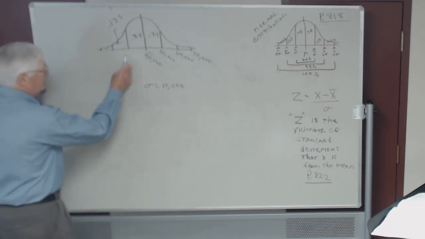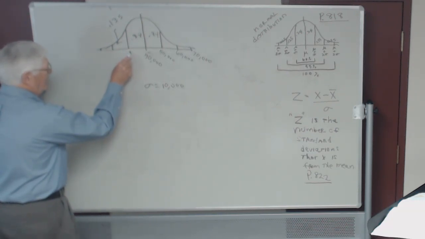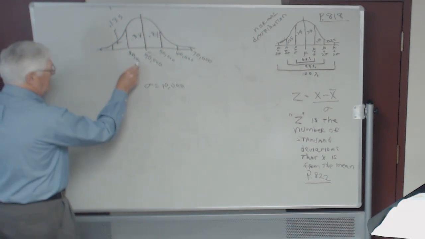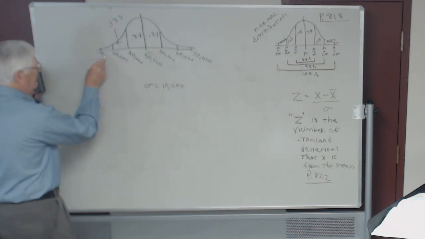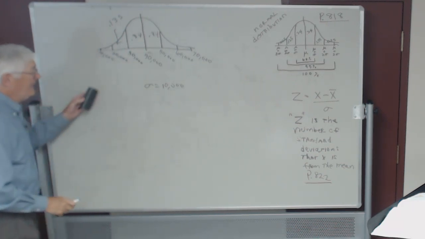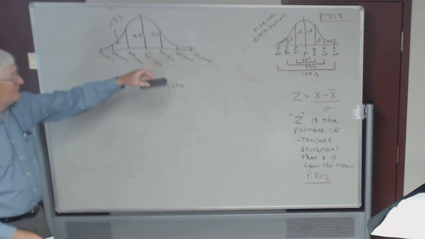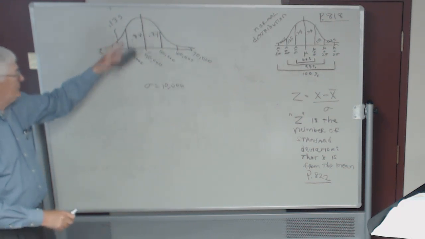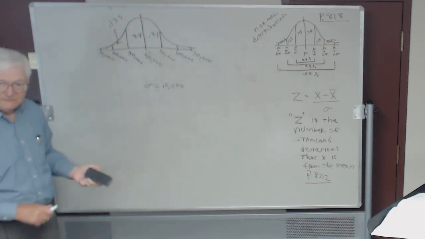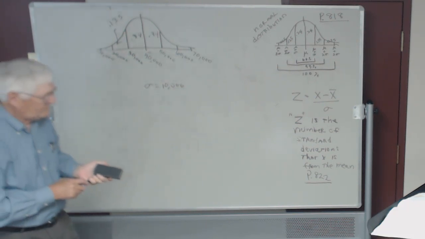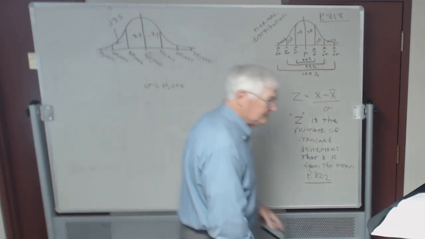So what number goes here? 30,000. And here? 20,000. And here? 10,000. See, because it said normally distributed, I used this picture and I put down the mean and then I put in the rest of the information, because they said the standard deviation was 10,000.